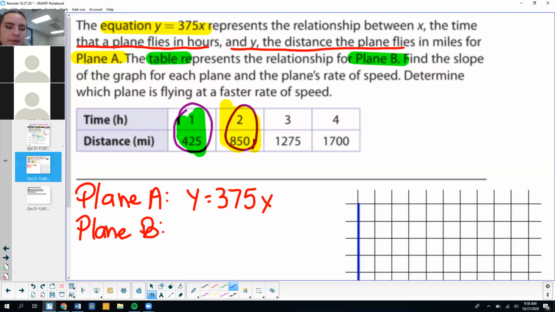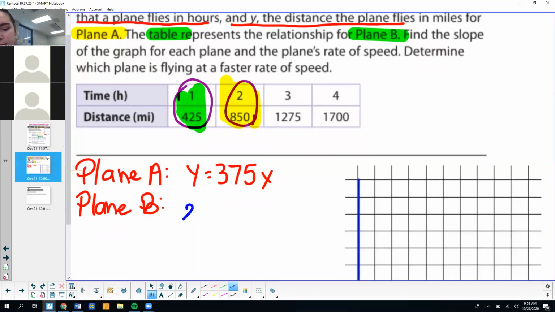I'm gonna take y2, which is 850, minus y1, 425, and then x2, which is 2, minus x1, which is 1.